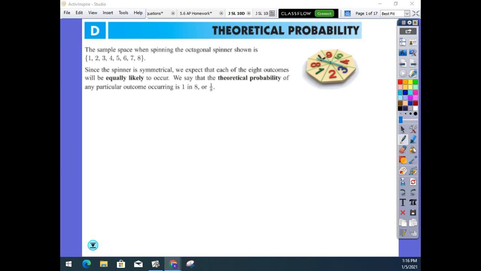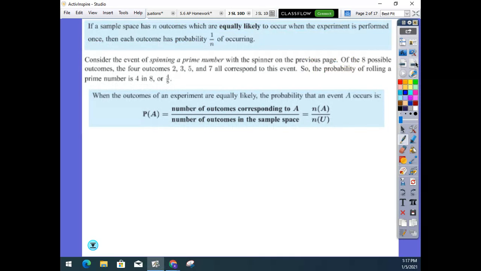Okay, so this is our first actual lesson into theoretical probability, and this is just your general probability. A sample space has equally likely outcomes. If they are equally likely, then there's a 1 out of n chance.